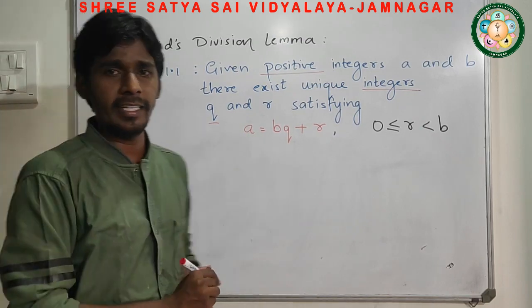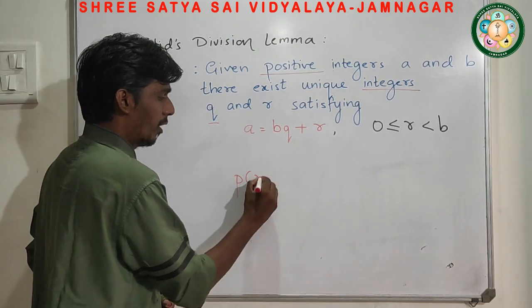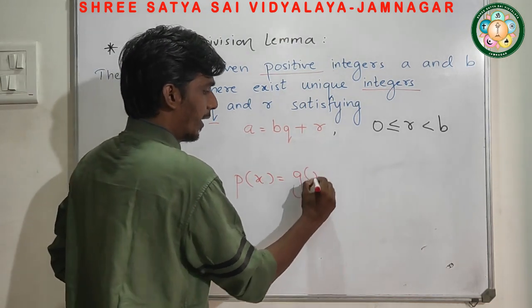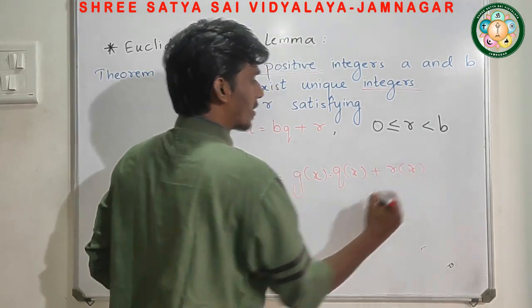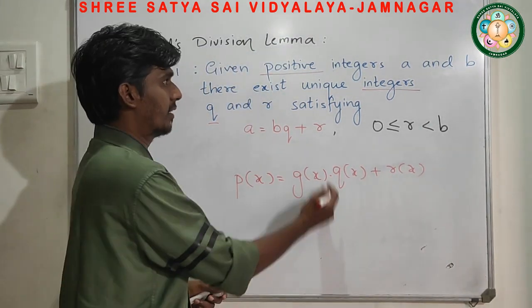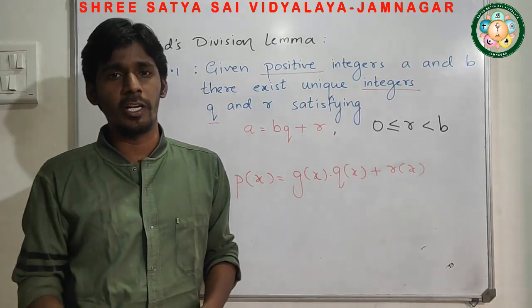Dividend. We already did this type of equation in chapter 2, that is p of x equals g of x into q of x plus r of x. But what is the difference here? Here these are positive integers, but in that chapter we used to do it with polynomials.